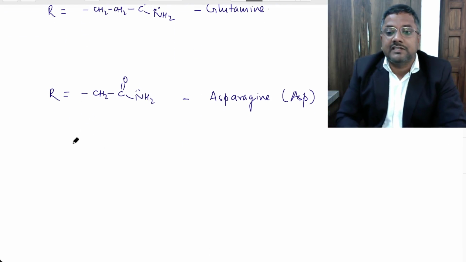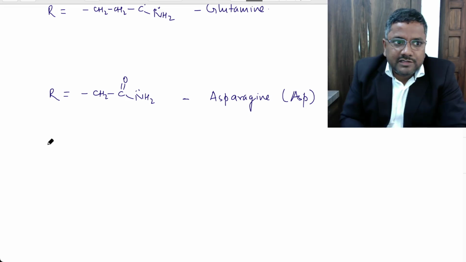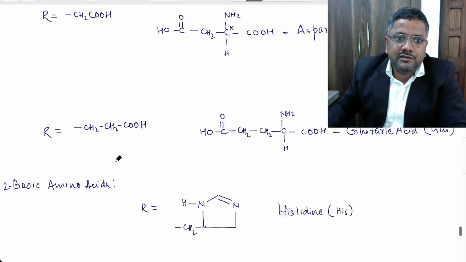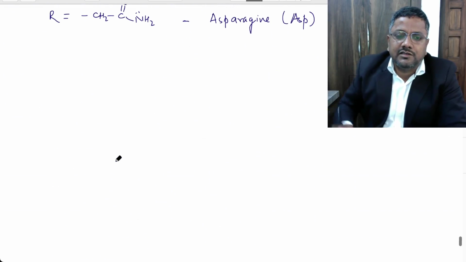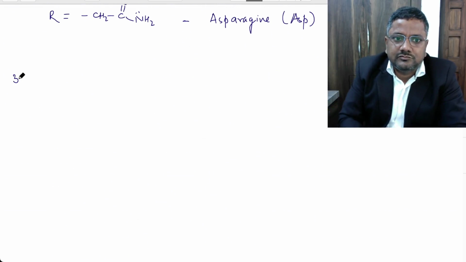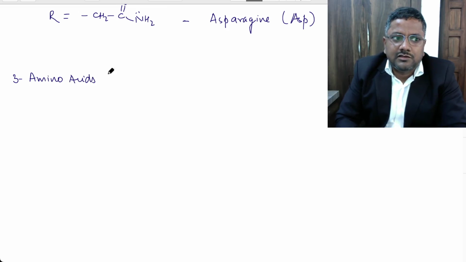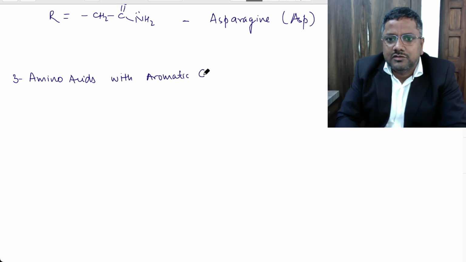Some amino acids with the aromatic group. This is the third classification, the second was basic, then amino acids with aromatic group. So in this way, you can remember the things a little bit.